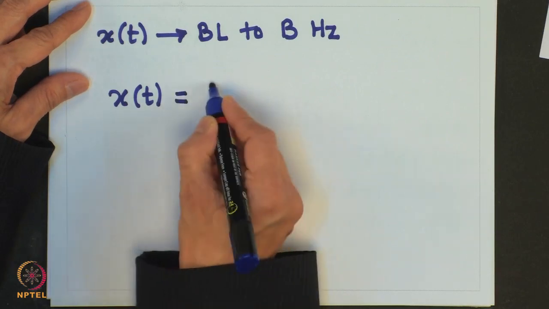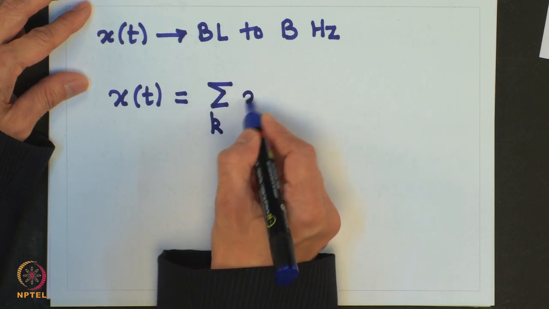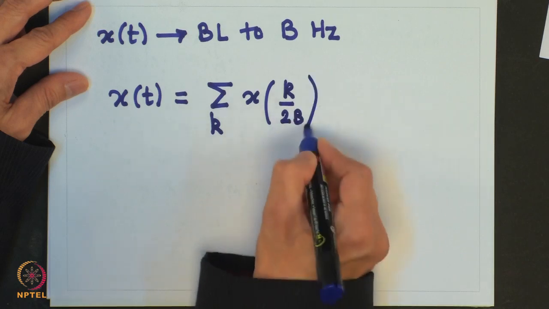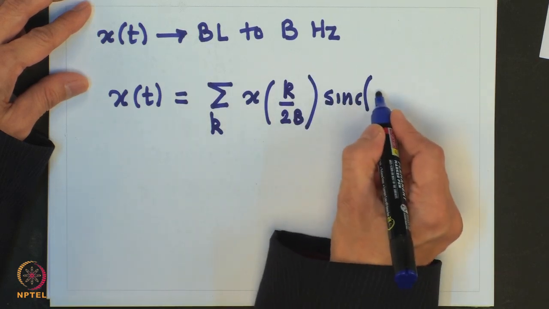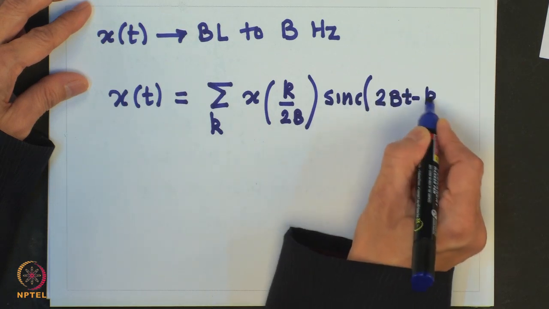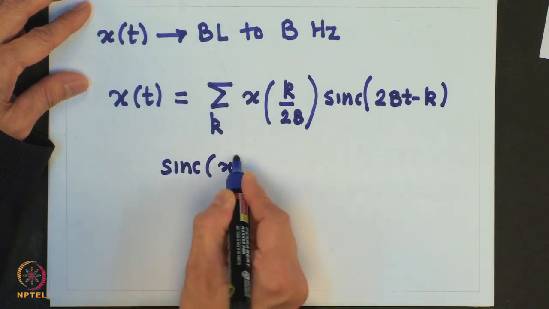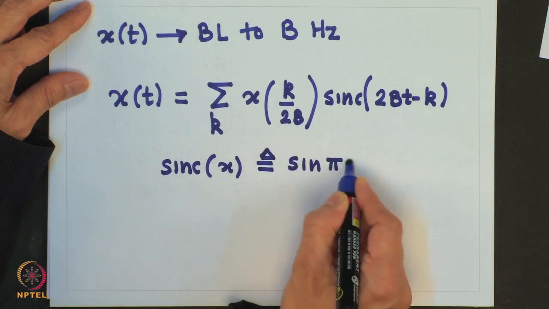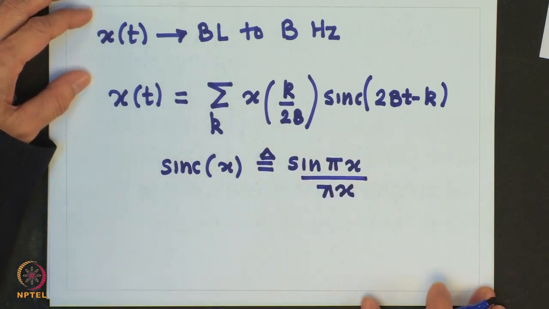We know that by the Nyquist sampling theorem I can write this as follows, where your sinc(x) is defined by sin(pi x) upon pi x.